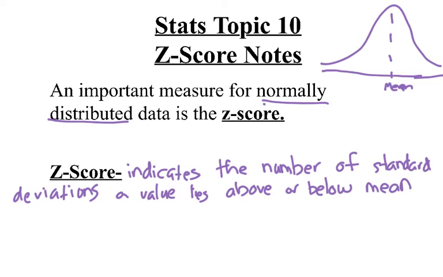Now, we do have a formula for a z-score, and it will be given to you on your assessments, which is z equals x minus mu over lowercase sigma, where x is a data point. So this is the data point that you're looking for.